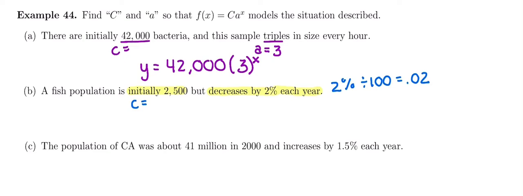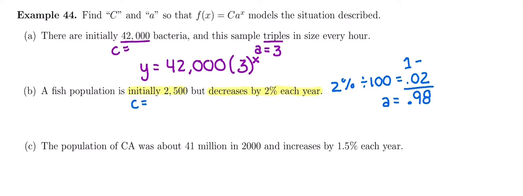And then we want to figure out, this is decreasing. So should we add 1 to it to make sure that it's bigger than 1? No, that would be growth. So instead of adding 1 to it, we're going to subtract it from 1 to represent decay. So we're going to do 1 minus 0.02 in our calculator, which is 0.98 as our factor.